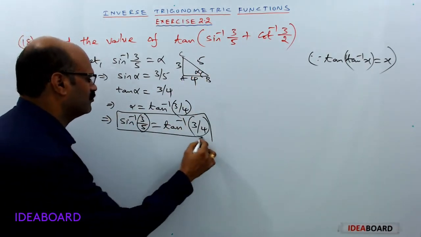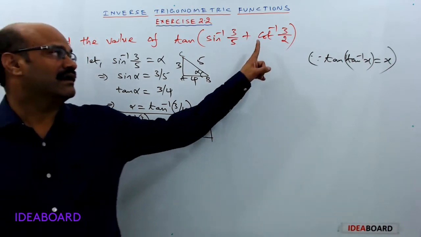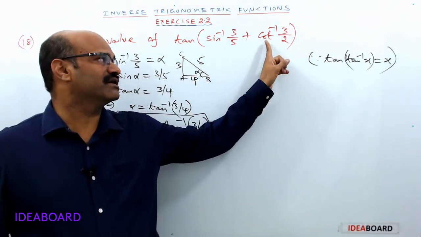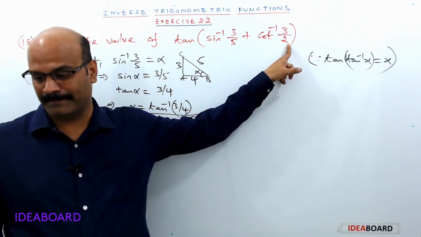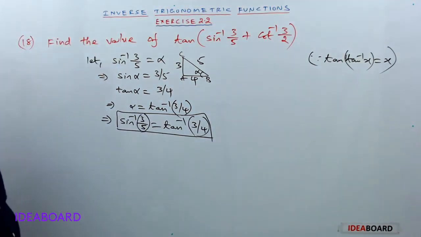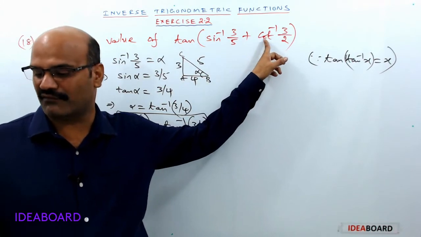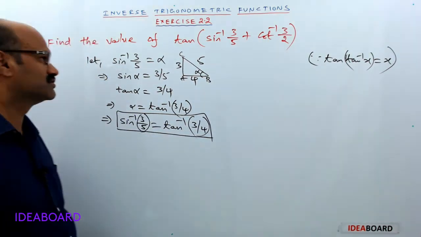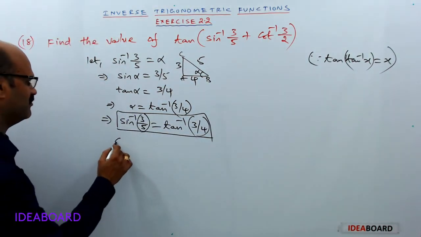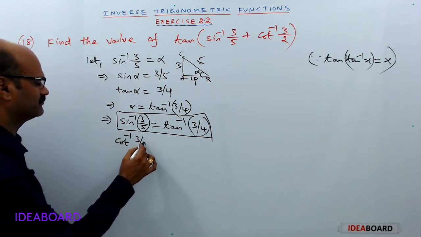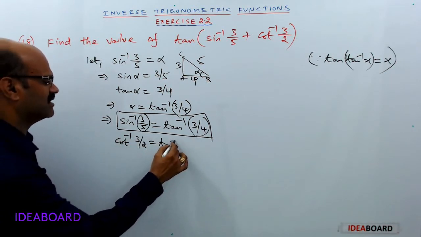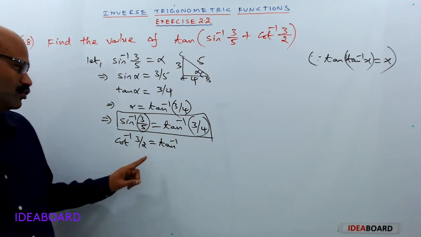Now we have to convert cot inverse of 3 by 2 in terms of tan inverse. We know that cot inverse of x equal to tan inverse of 1 by x. So directly cot inverse of 3 by 2 can be taken as tan inverse of 2 by 3.